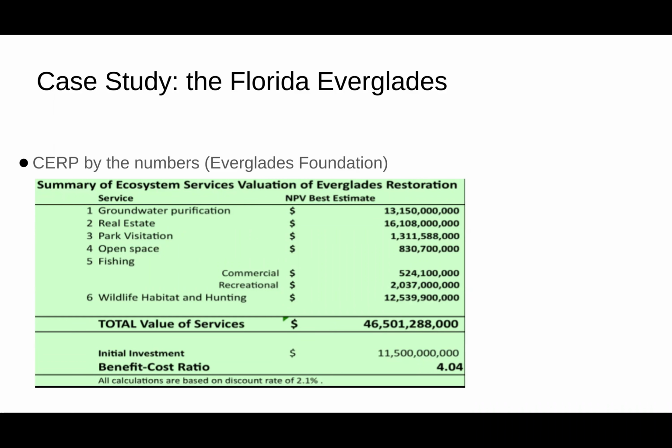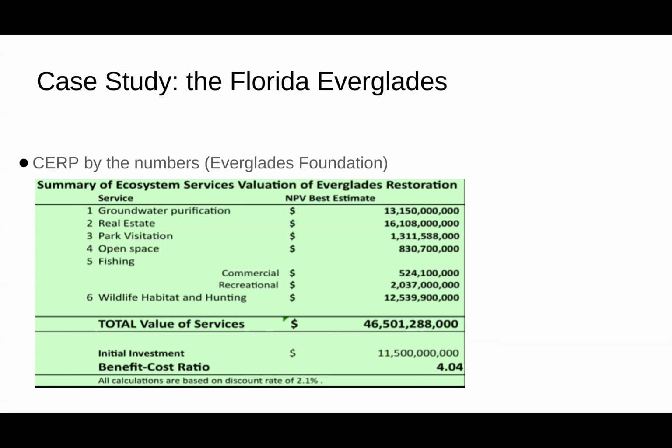And we can see that this is the summary of ecosystem services of recreation, fishing, and open spaces. And then wildlife hunting and habitat.